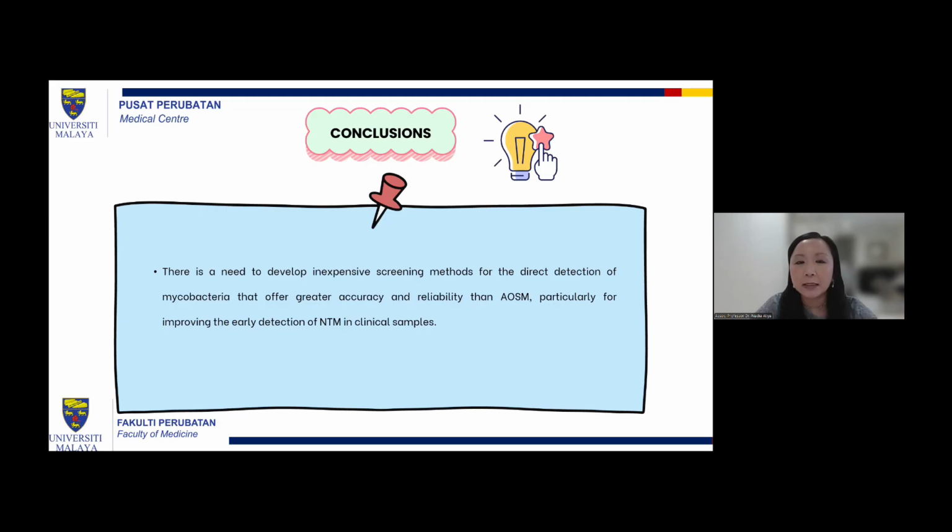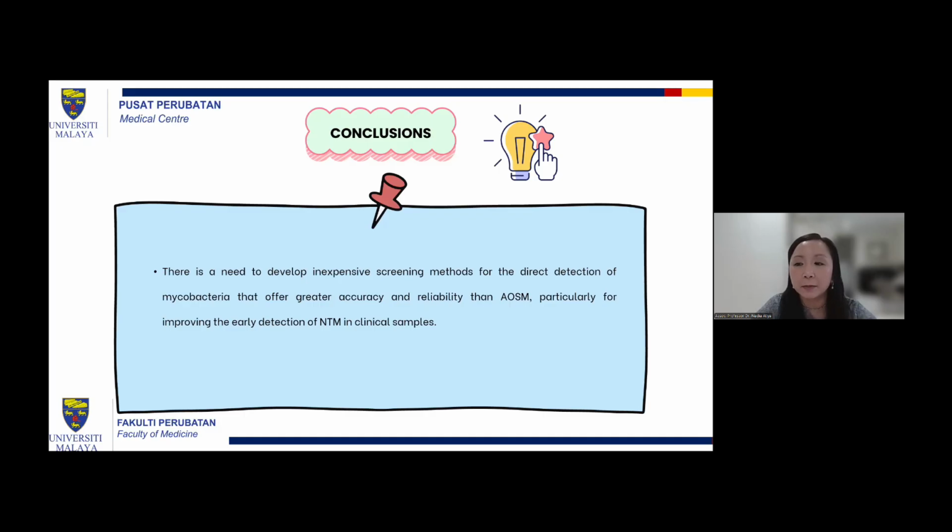Now, with that being said, rapid molecular tests are not cheap, they can be quite expensive. So their high cost may limit the widespread use of PCR in resource-limited settings.